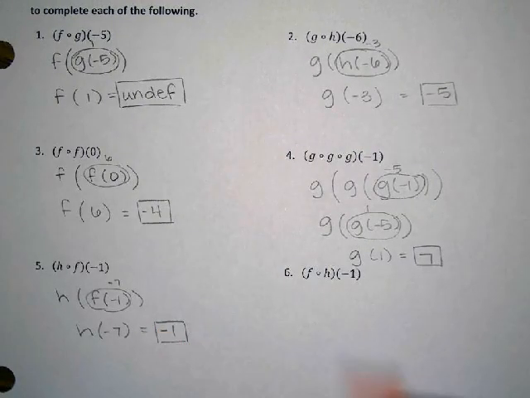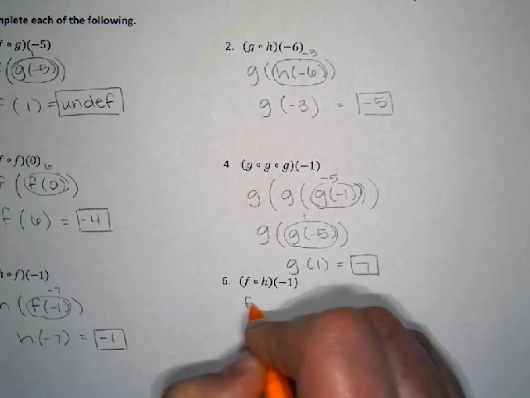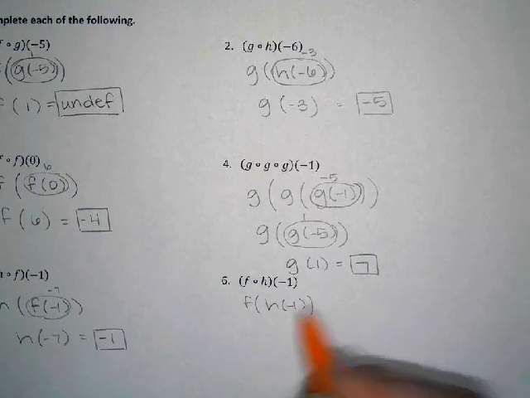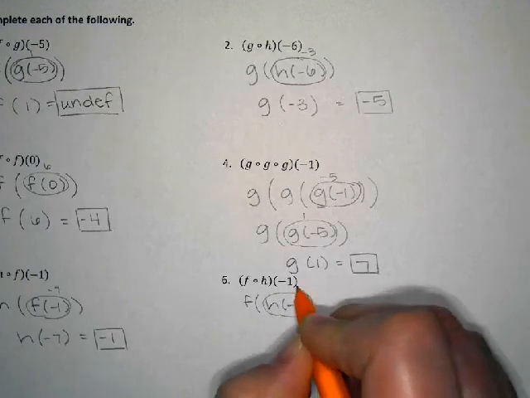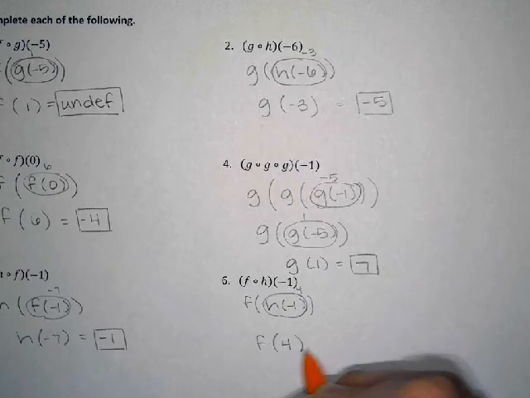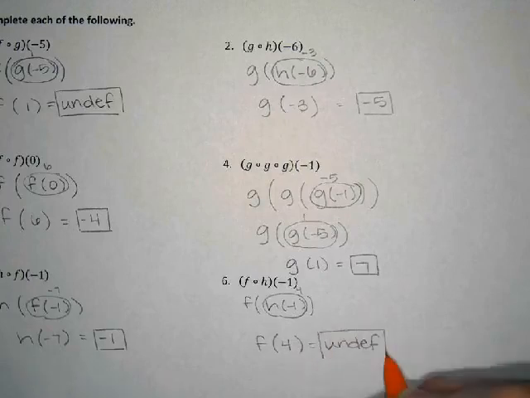And then f of h of negative 1, what is h of negative 1? 4. And then f of 4 is undefined. It's not there. Undefined. Okay. Do we feel comfortable with those?